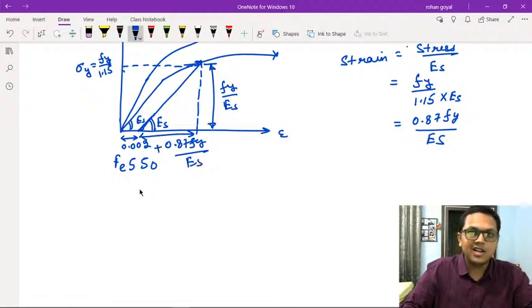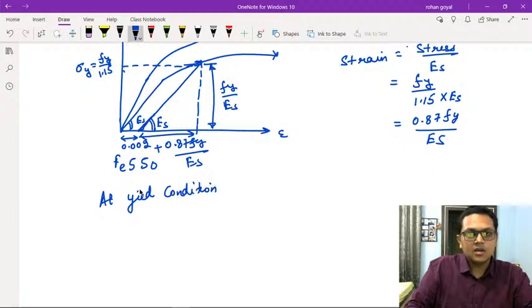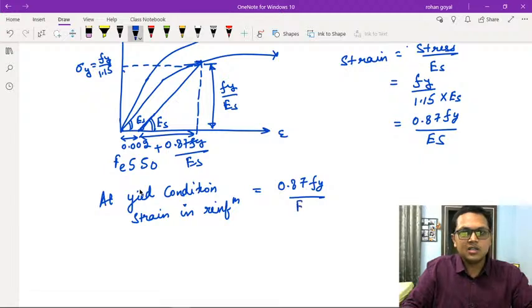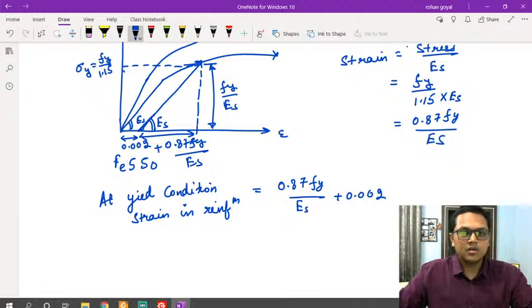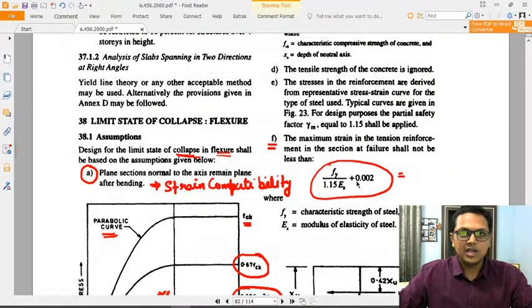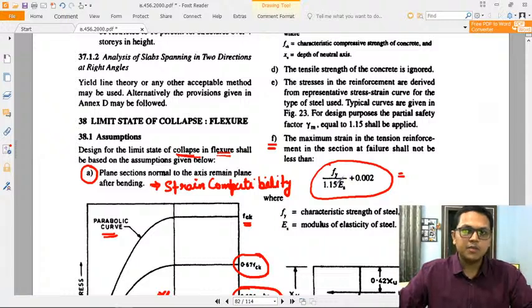So the total strain at the yield point will be how much? At yield condition, the strain in reinforcement is equal to 0.87 fy upon Es plus 0.002. This is the value given in the code, fy upon 1.15 Es plus 0.002.